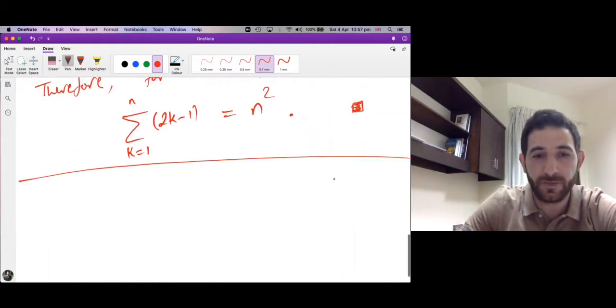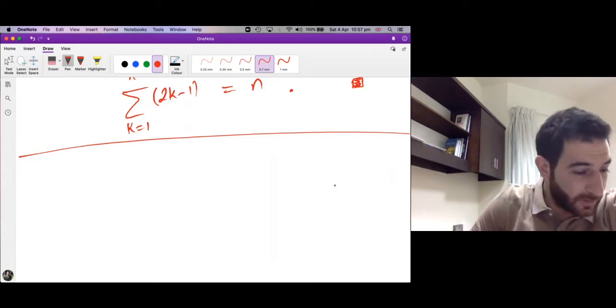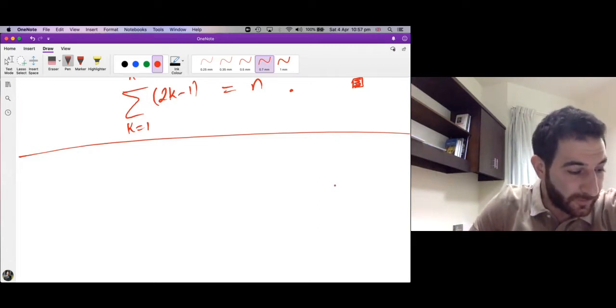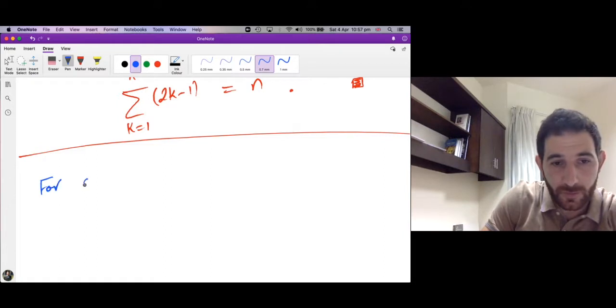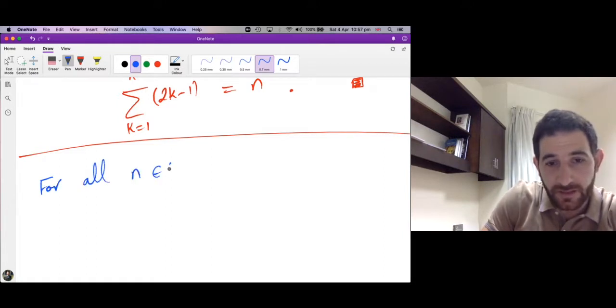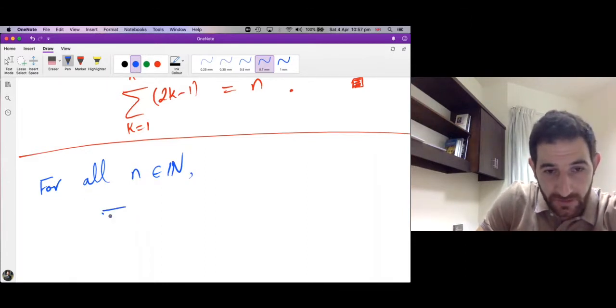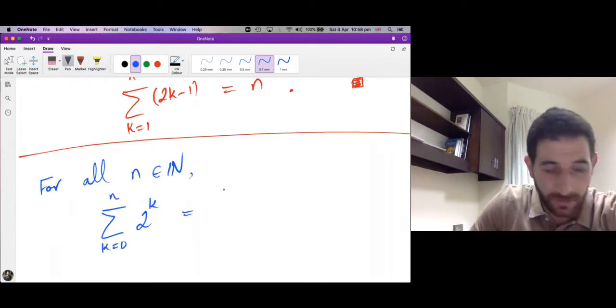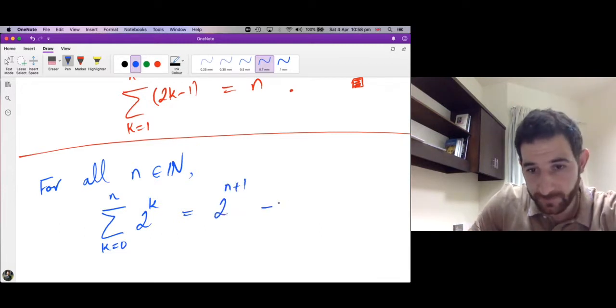Okay, let's take another example. The other example is to prove for all natural numbers now. So show that for all n in the natural numbers, the following is true, that the summation of 2 to the power k, where k starts from 0 and stops at n, is equal to 2 to the power n plus 1 minus 1.